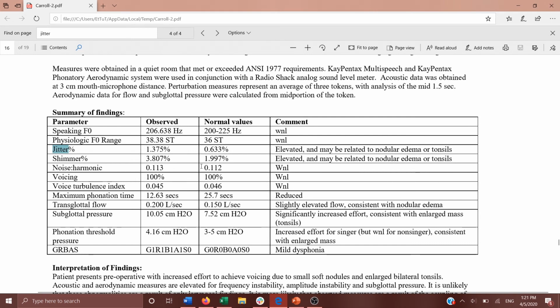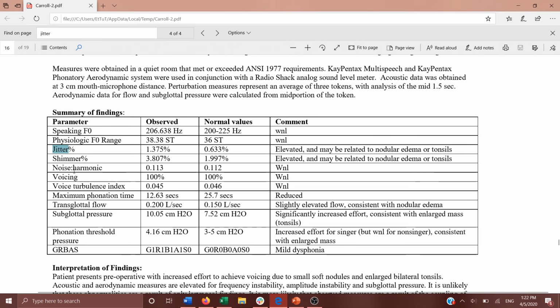There's all this other stuff that we can measure too. We know that noise to harmonic ratio, they do it a little differently than we do it. They do a noise to harmonic ratio. In that case, a lower number is better because they're putting noise first. The noise is going to be on the top of the equation, and the less noise there is, the lower the number is.